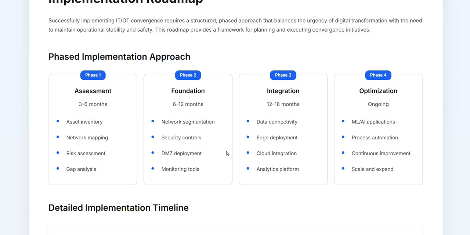Data starts flowing through approved paths, edge systems appear, cloud platforms connect through control gateways. Analytics finally get reliable input. The last stage never really ends. Models improve, processes automate further, and scale increases where value is proven.